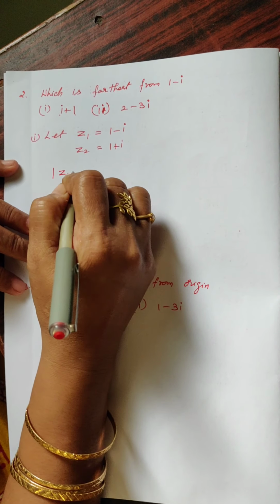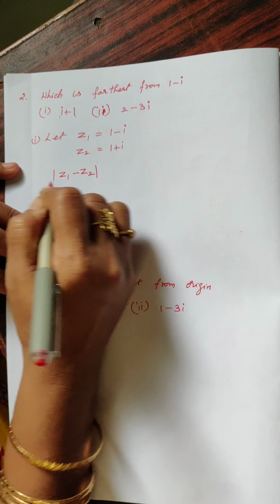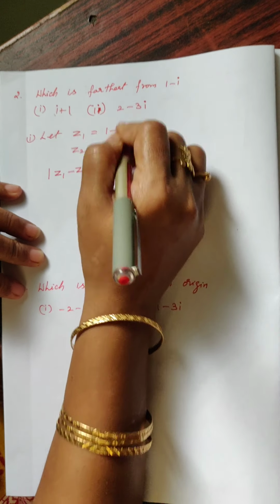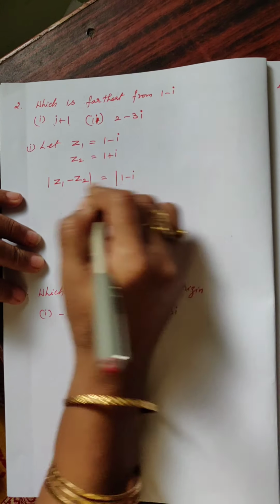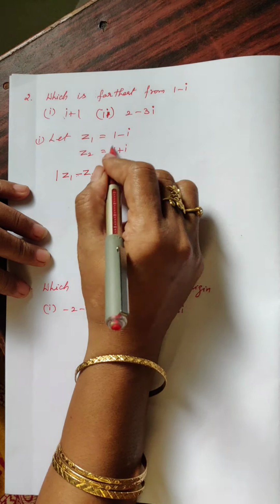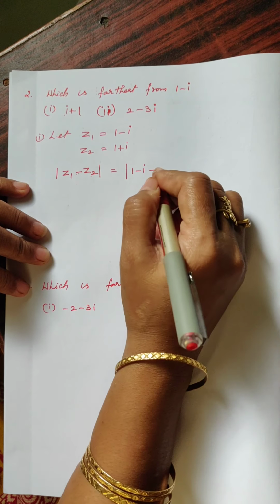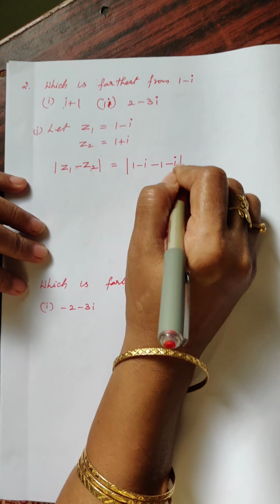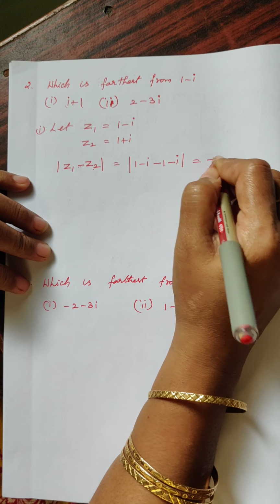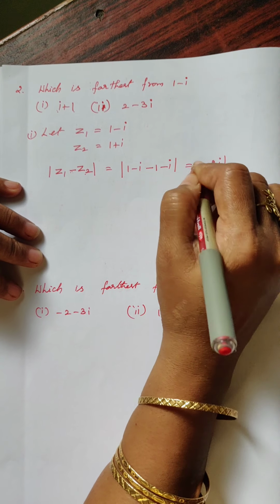Already I explained in the last video, distance between any 2 points is modulus of z1 minus z2, which is equal to modulus of z1, which is 1 minus i, minus z2. Minus z2 means we are changing the sign of z2. So minus 1 minus i. Clear? 1 gets cancelled. It becomes modulus of minus 2i.